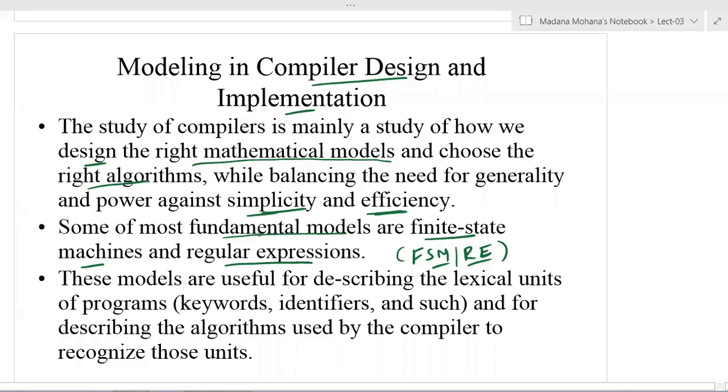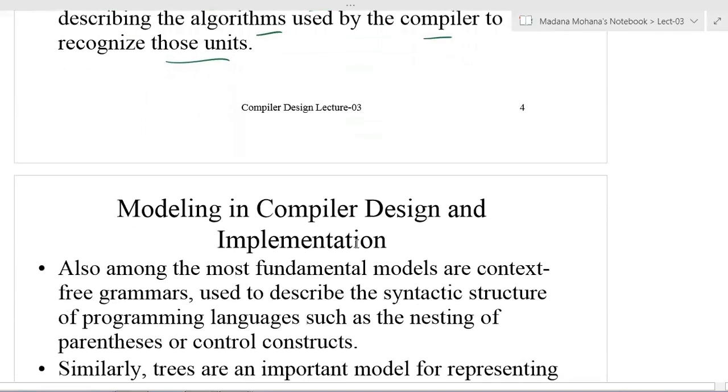These models are useful for describing the lexical units of programs, namely tokens like keywords, identifiers, etc., and for describing algorithms used by the compiler to recognize those tokens. For specification and recognition of tokens, we use regular expressions followed by finite automata. So these are the two fundamental models.